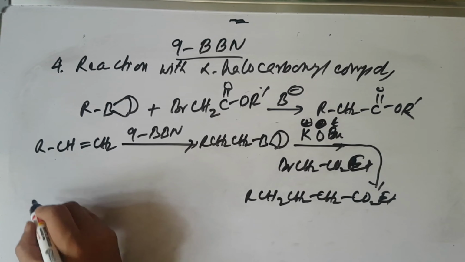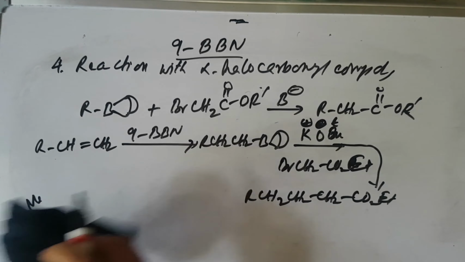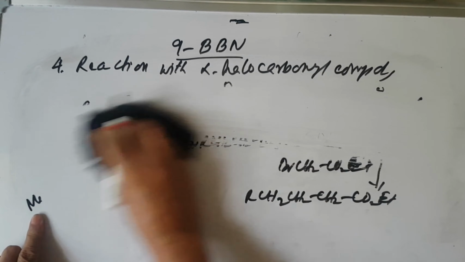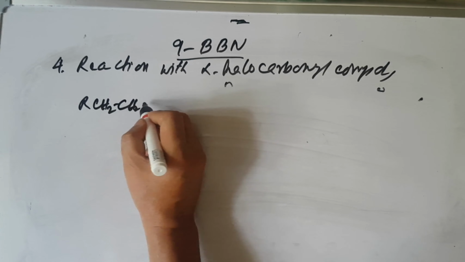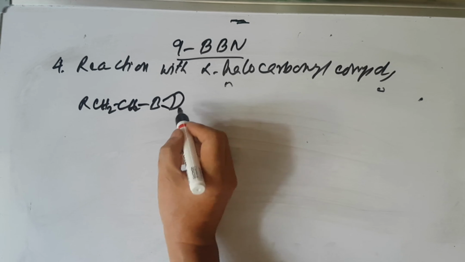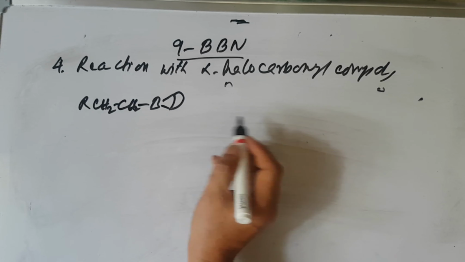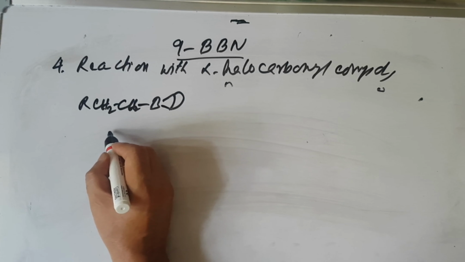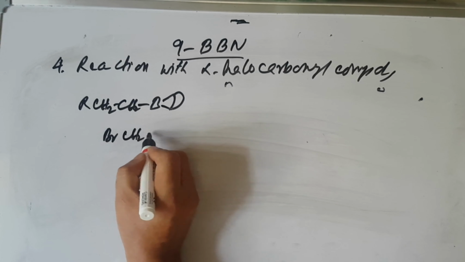So here the reaction mechanism is like this. I will show the mechanism here. First step is reaction with this, we got this compound. Okay, the first step is the alpha bromoacetate, BrCH2CO2R, in presence of base potassium tertiary butoxide.